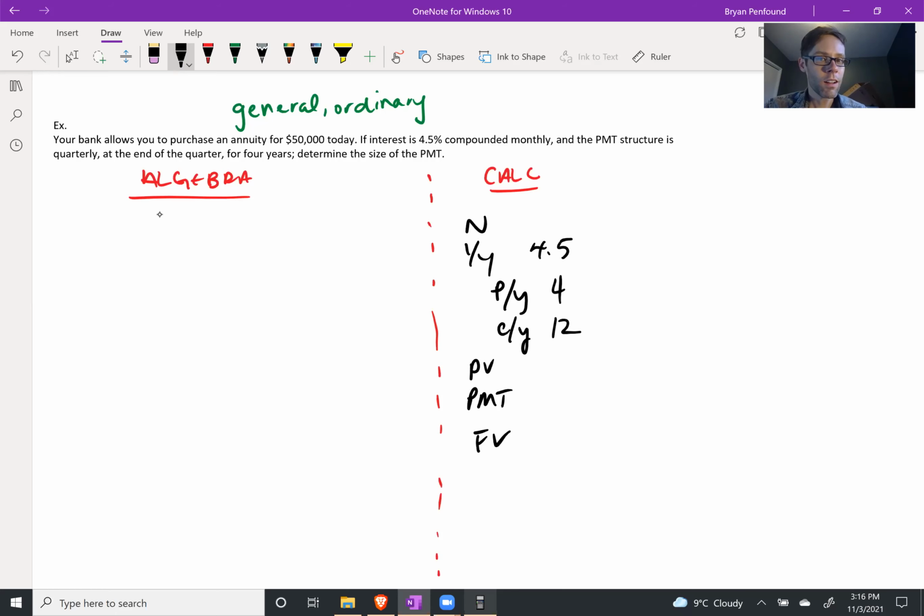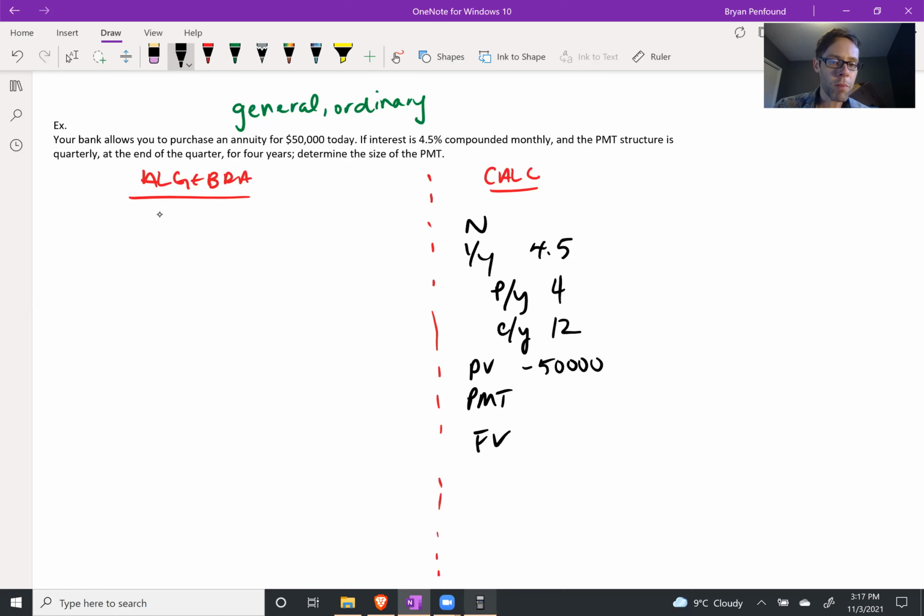And we know that we can walk into the bank and we can purchase this annuity for $50,000 today. So the principal value is $50,000, and we need to give that money to the bank. So I'm going to interpret this as a negative $50,000.